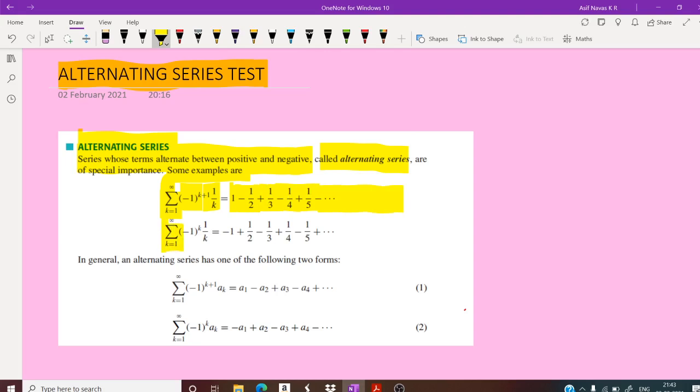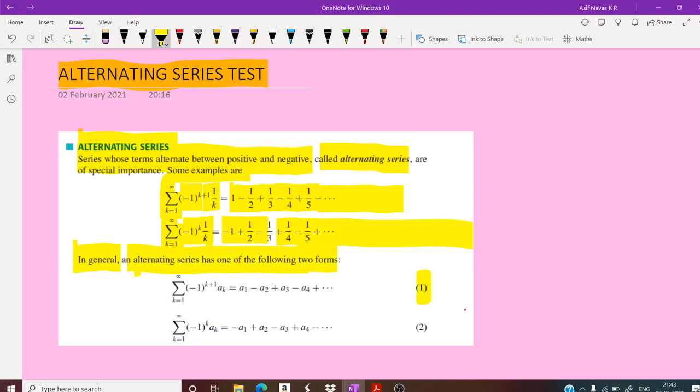And the sum from k equals 1 to infinity of (-1)^k times 1/k, which is equal to -1 + 1/2 - 1/3 + 1/4 - 1/5 + etc. So in general, an alternating series has one of the following two forms.